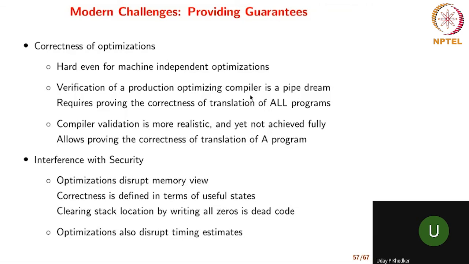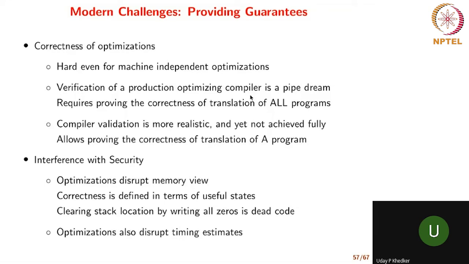Optimizations disrupt the memory view. Correctness of compilation is defined in terms of useful states. Okay, so consider clearing a stack location by writing all zeros. Let's say I don't want anyone to read my memory. After I have finished execution, the data will still remain in the memory, so I want to clear out all the memory.